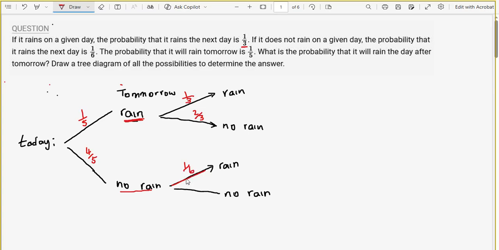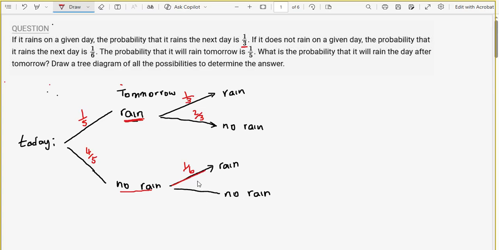Yes. Now, looking at the information we have, they say the probability that it will rain tomorrow is 1 over 5. We already have that one from the statement. So if this is 1 over 6, what is the probability that if it does not rain tomorrow, there will be no rain the day after tomorrow?